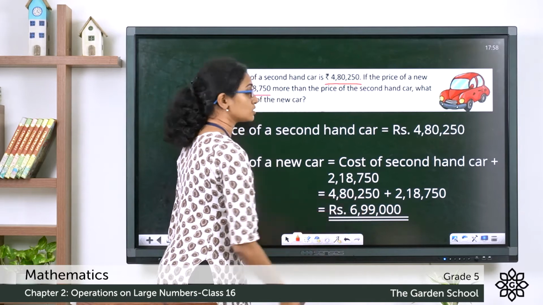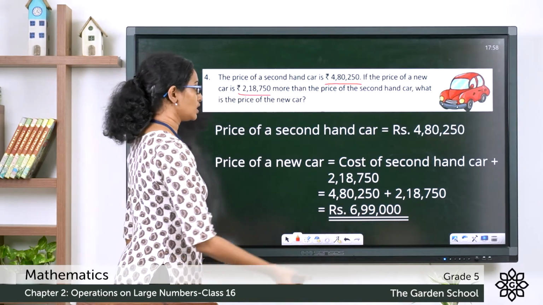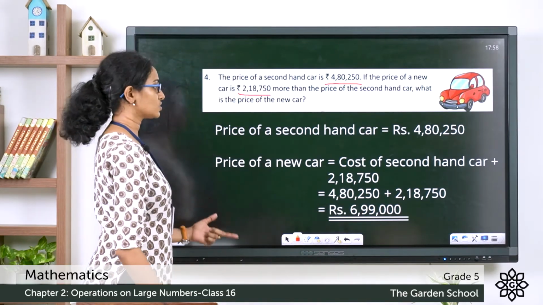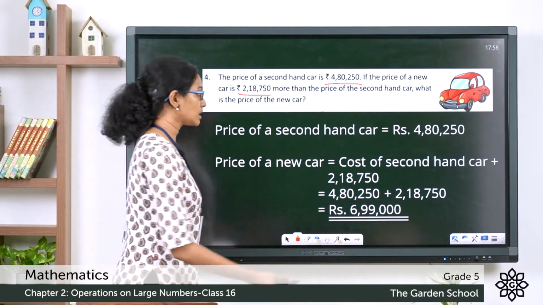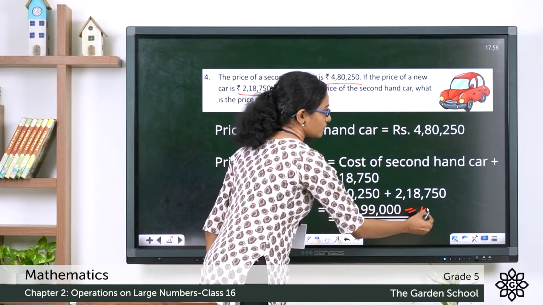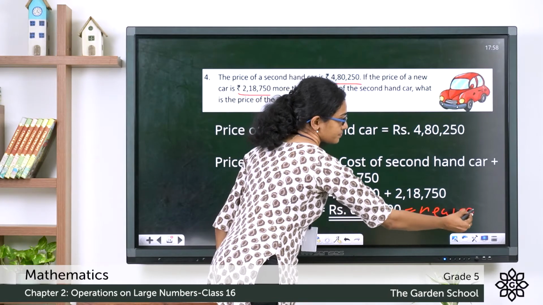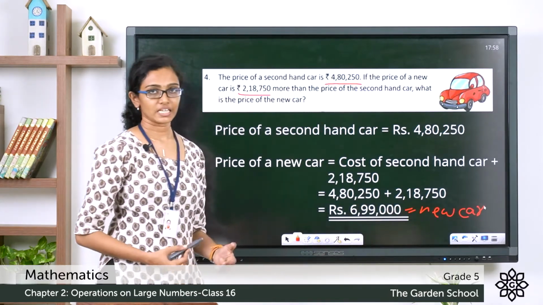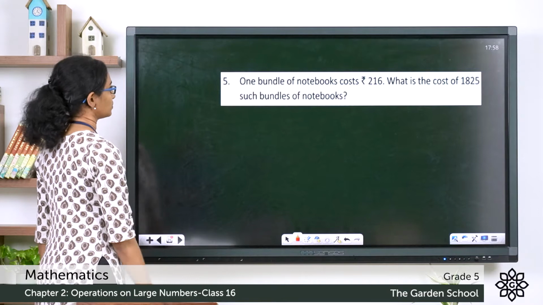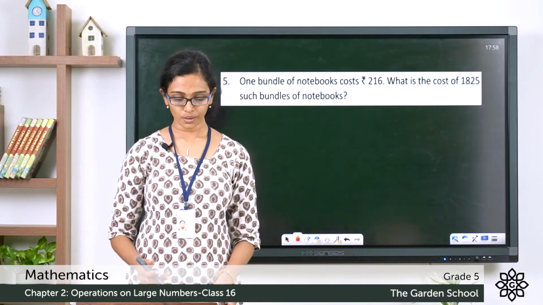So, substituting the values will give us the sum of rupees 6,99,000, and this will be the price of a new car. So I hope this is clear to you. Now, let's see the fifth question now.